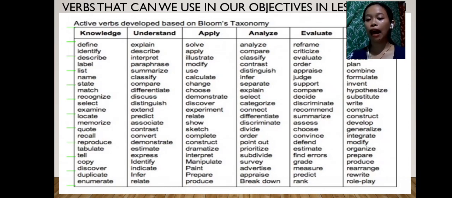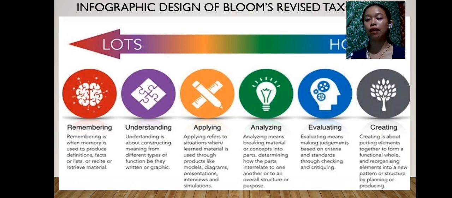So I provided an infographic design of Bloom's revised taxonomy for you to easily understand it. The first is remembering, understanding, applying, analyzing, evaluating, and creating, from low order thinking skills to higher order thinking skills.